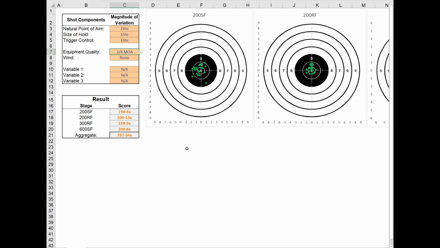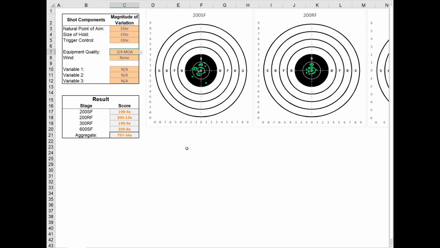Maybe that's true; it certainly seems reasonable. But what I was curious about was how much bigger that group is. I wanted to quantify that and separate the marksmanship from the equipment.